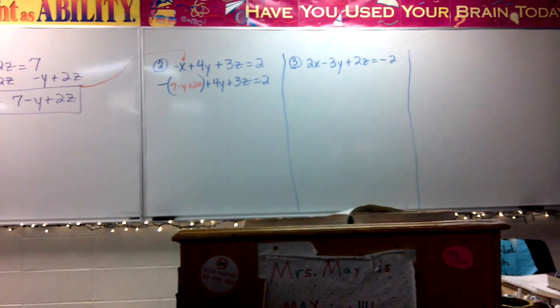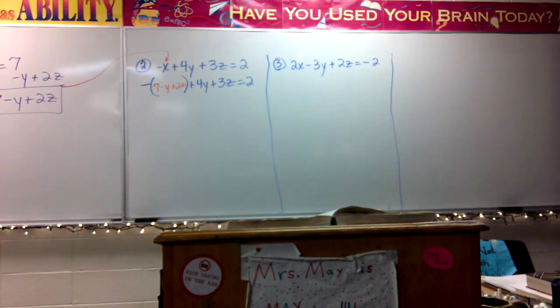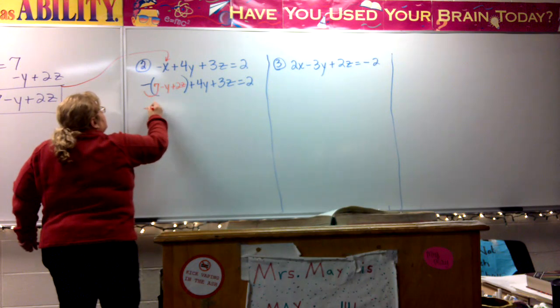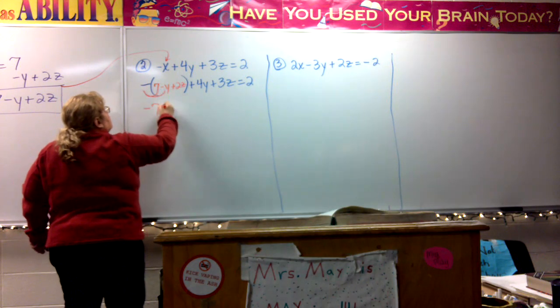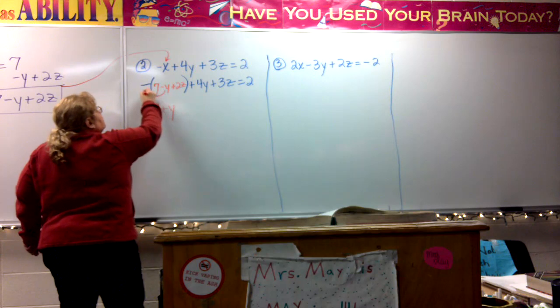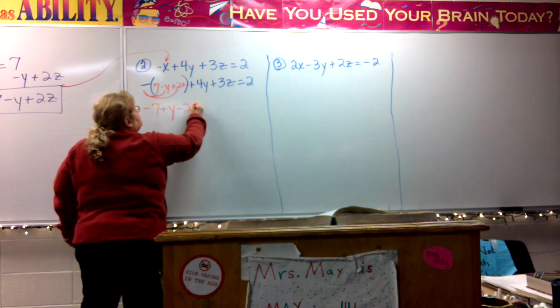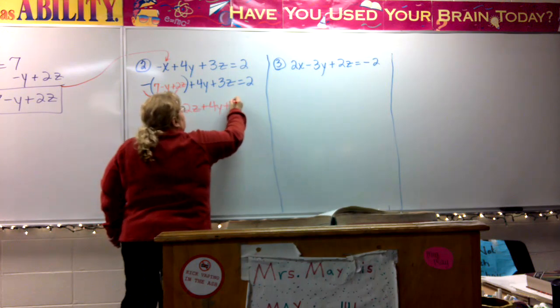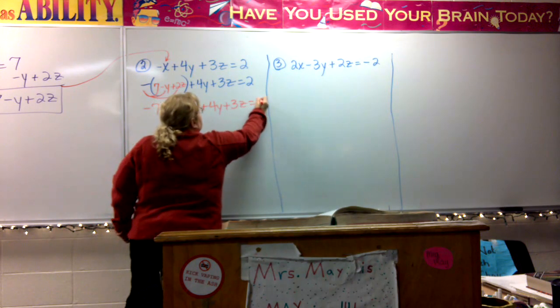So we're going to need to multiply this out. Negative 7 plus y minus 2z, and then I've got the rest of this, plus 4y plus 3z equals 2.